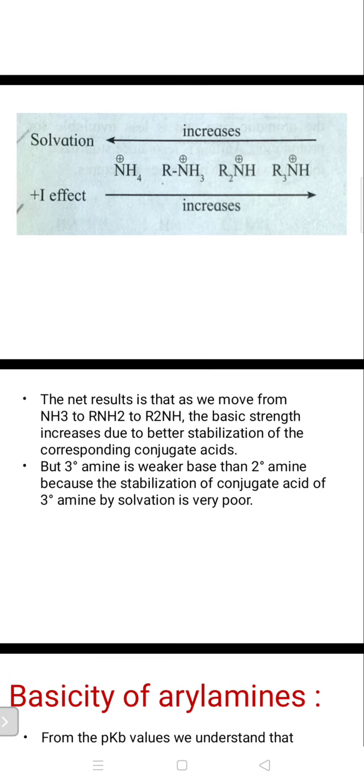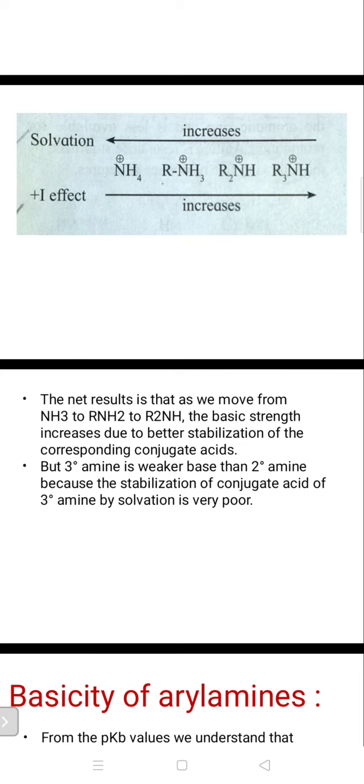The net result is that as we move from ammonia to RNH2 to R2NH, the basic strength increases due to better stabilization of the corresponding conjugate acids of these amines. But in the case of the tertiary amine, it is a weaker base than the secondary amine.